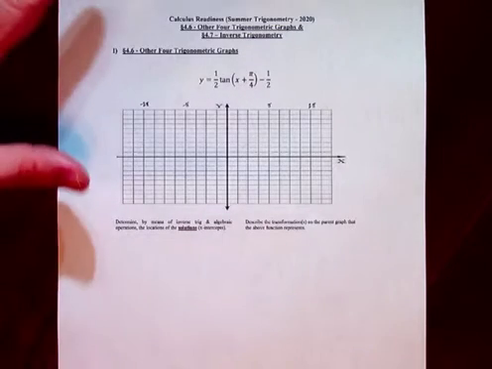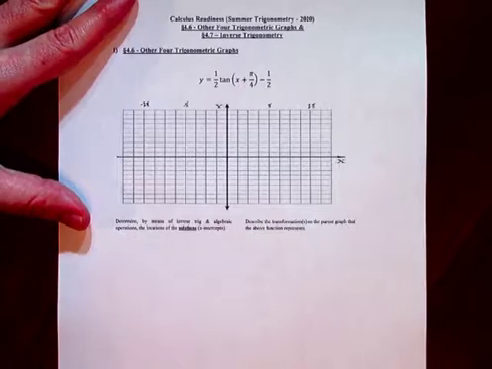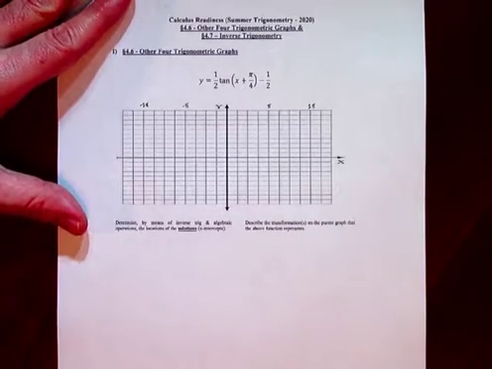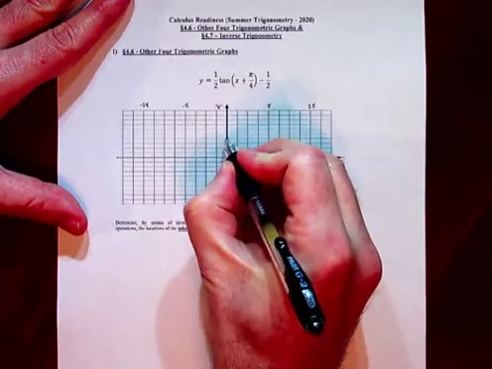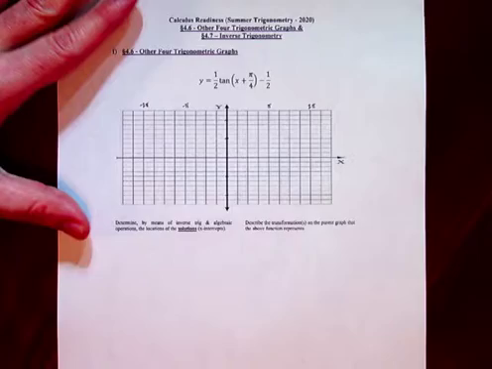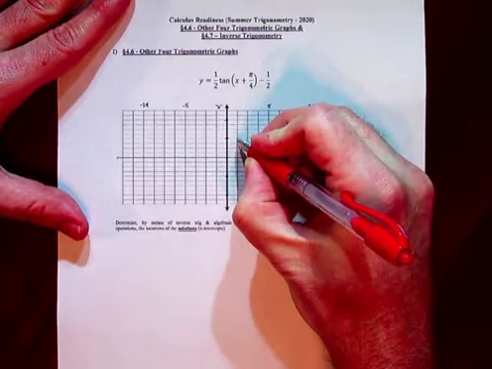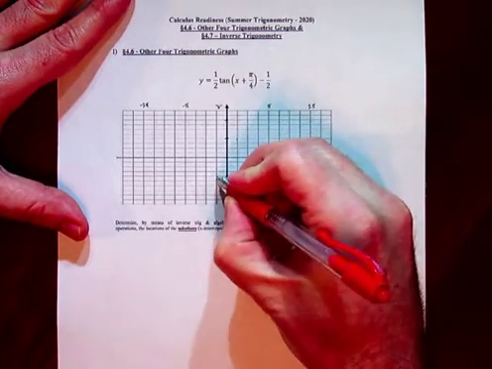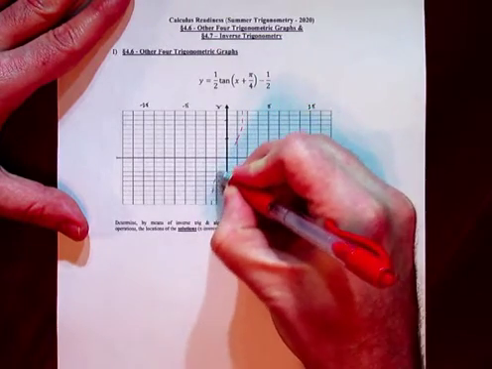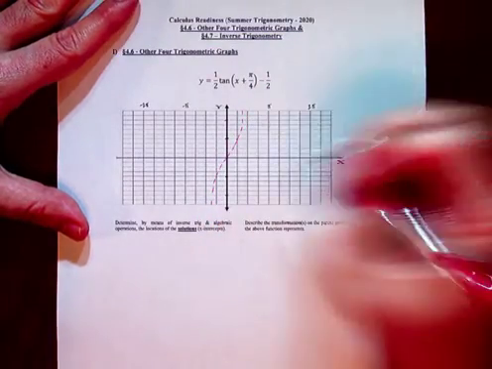Now, in terms of tangent, I know that my parent looks something like this. And yes, I did expect you to draw the parent, okay? And it looks something like that, okay?